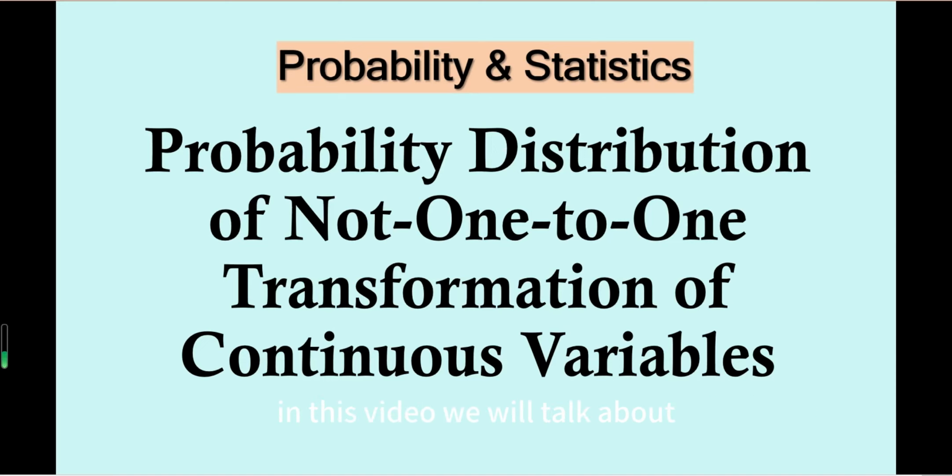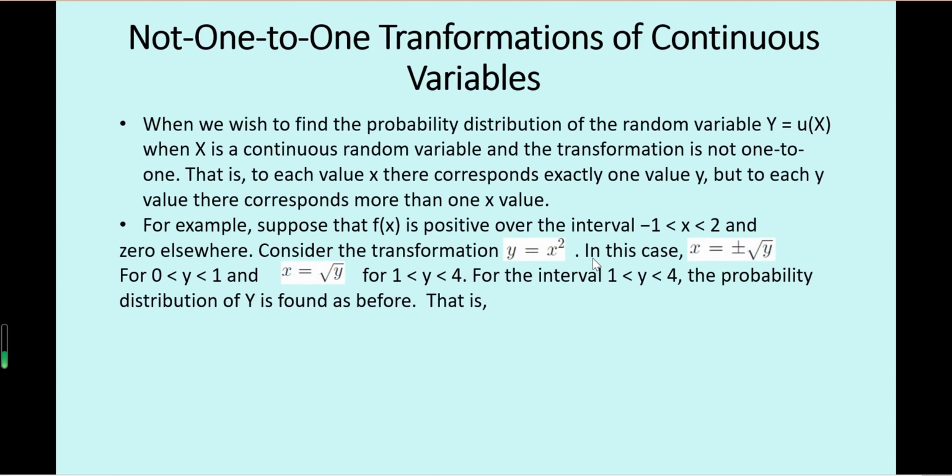In this video, we will talk about the probability distribution of a function with a not one-to-one transformation of continuous variables. So we say, if we want to find the probability distribution of the random variable y, a function of x, and x is a continuous random variable, and the transformation is not one-to-one.